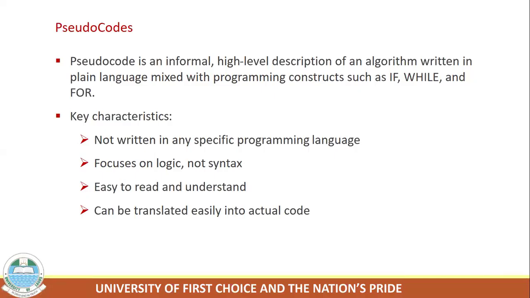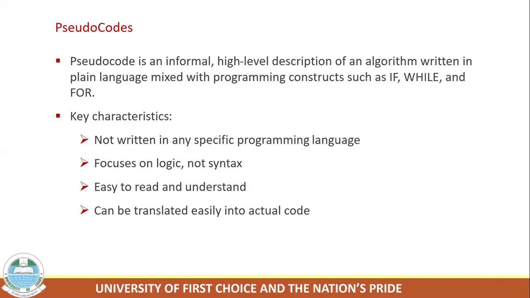So we want to go to another concept called pseudocode. Pseudo means fake code. You understand? A pseudocode is an informal high-level description of an algorithm. It's just a high-level description of an algorithm written in plain language, sometimes mixed with programming constructs like if, while, for.